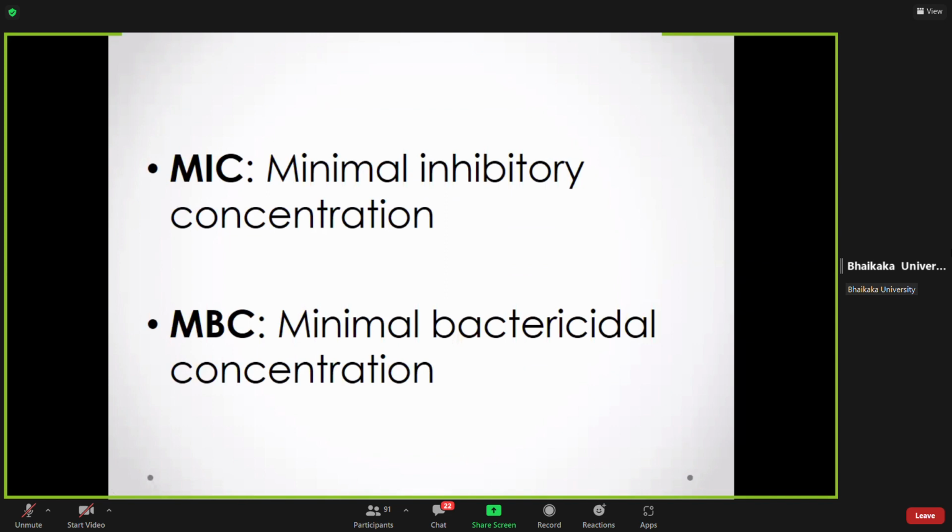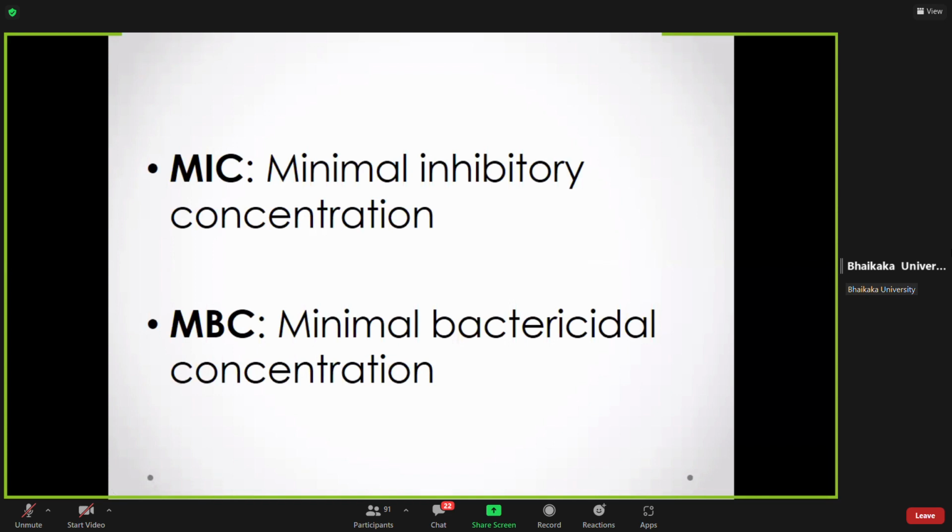Two terminologies which you should understand are MIC and MBC. MIC is the minimum inhibitory concentration of one particular antibiotic for the said organism. If you are capable of achieving this minimum inhibitory concentration with that particular drug in the patient's plasma and body fluid, then that particular antibiotic will be effective and it would be killing or inhibiting the organism.